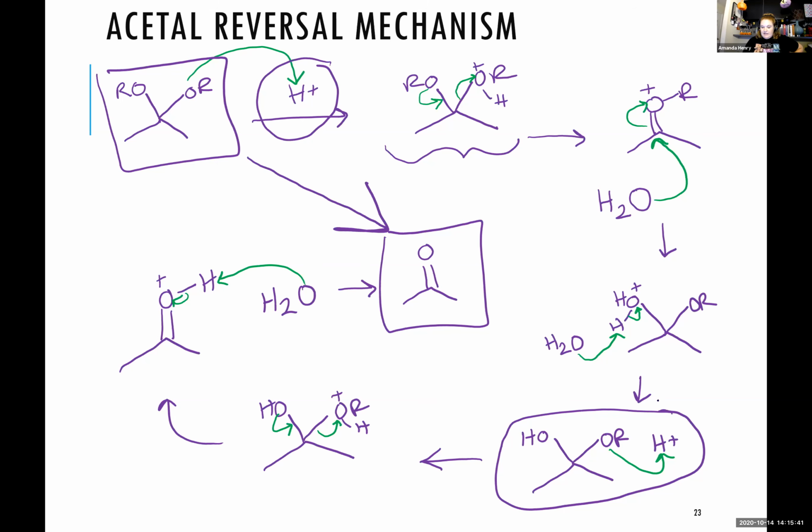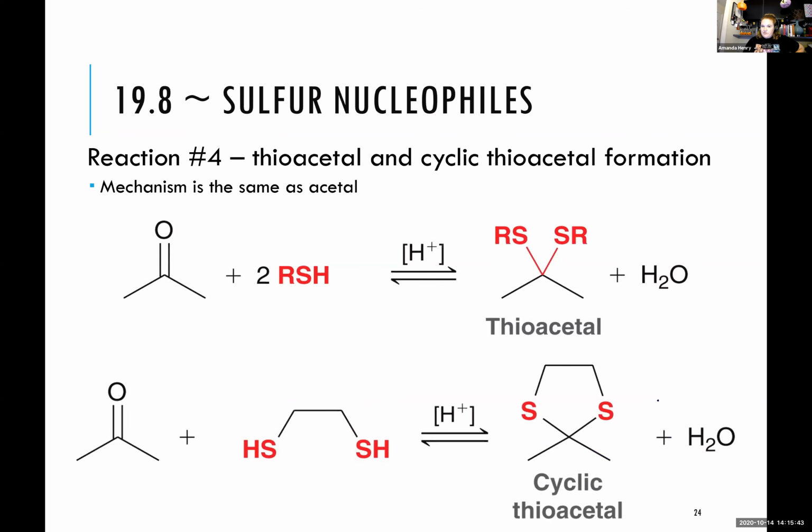Okay, then let's move to some sulfur nucleophiles. Now, what's super nice about the sulfur nucleophiles is this bullet point right here. Sulfur is in the same family, in the same column on the periodic table as oxygen. So that means that they react very similarly.